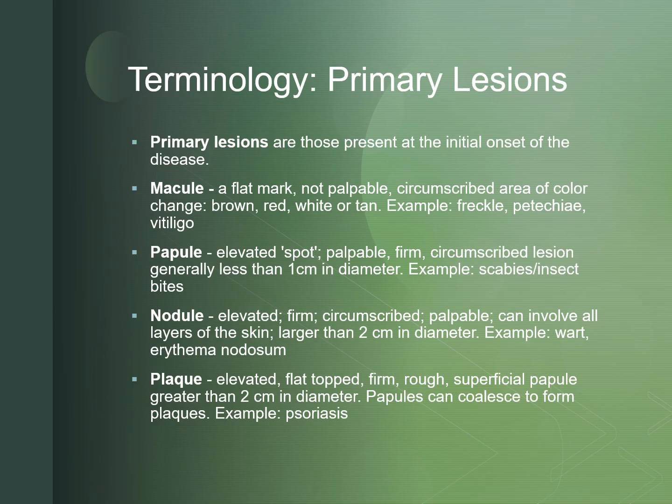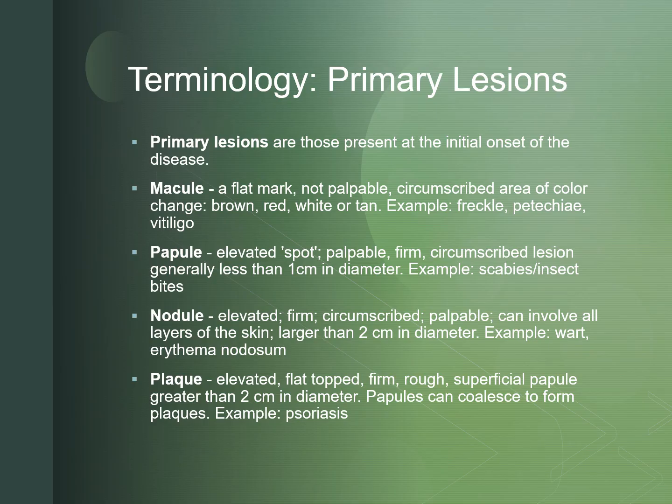And now we're getting into skin lesion terminology, which is really about learning how to accurately describe what we're seeing. So primary lesions, these are going to be the initial lesions, and they're reflective of the underlying disease process itself. So we have a macule, which is flat. You cannot feel it. It's just a change in color, not texture. Examples of this, freckles, petechiae, vitiligo.